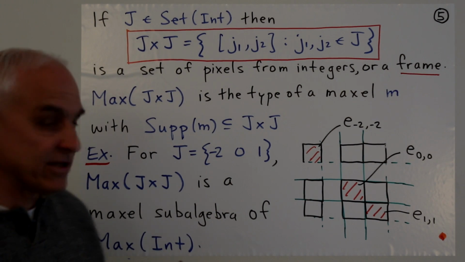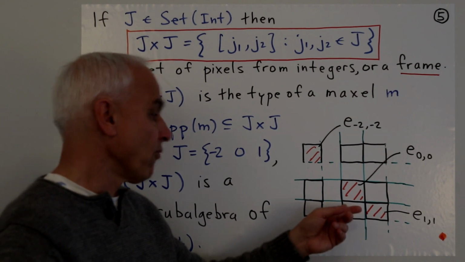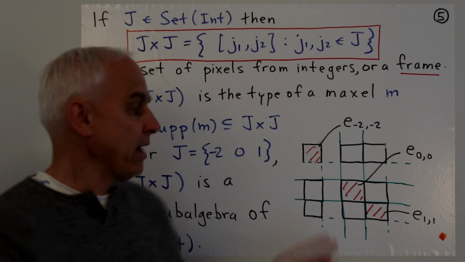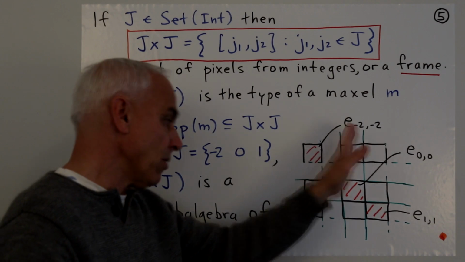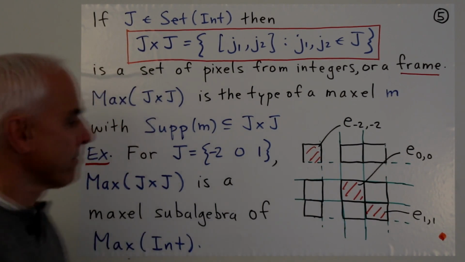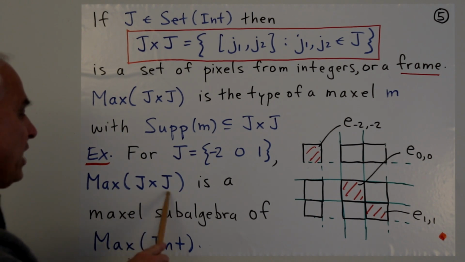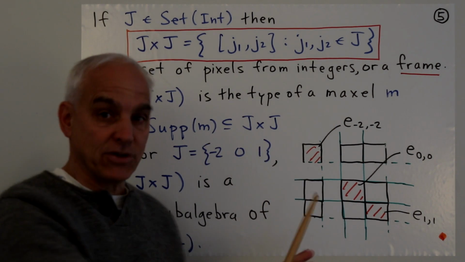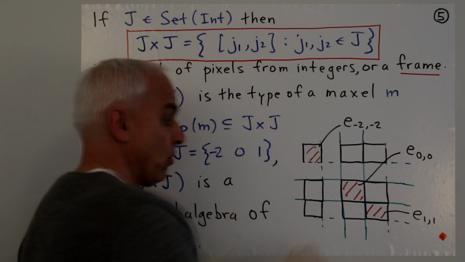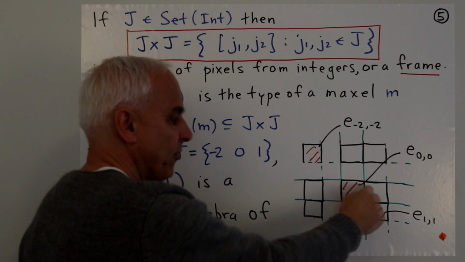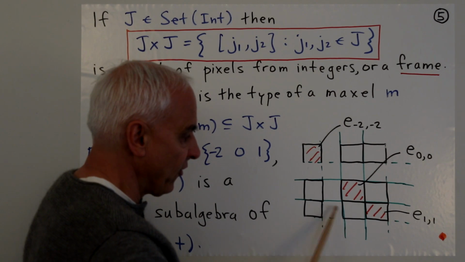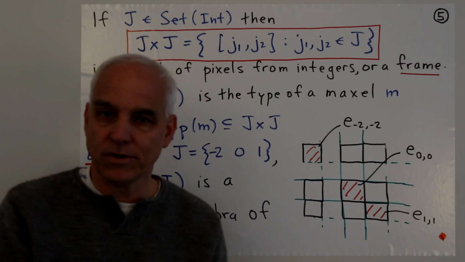So these are the pixels whose rows are either 1, 0, or minus 2, and whose columns are either 1, 0, or minus 2. And there are 9 of them. So when we talk about Max J cross J, we're talking about all the maxels whose support is contained in this particular frame, the frame consisting of these 9 positions in our integer screen.